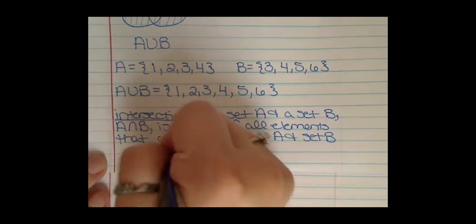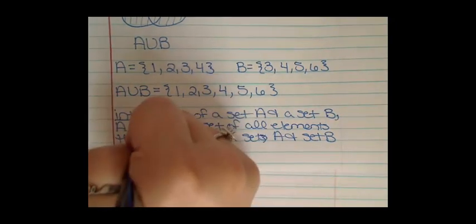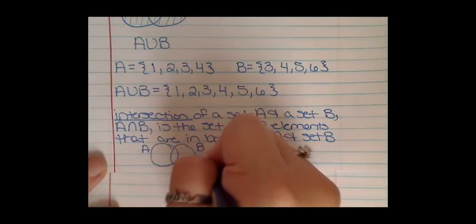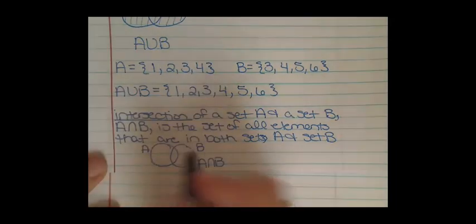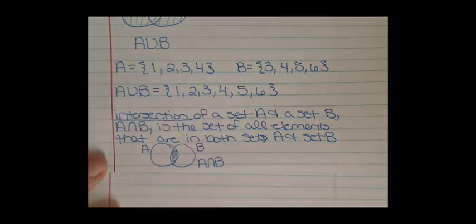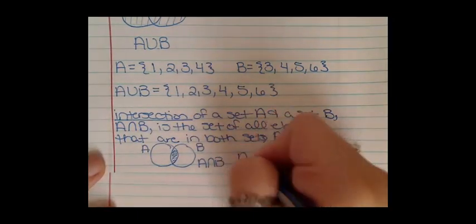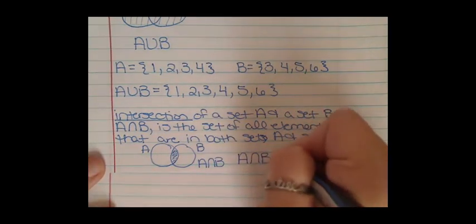So it's just this middle portion. So a lot of times you'll see that as A intersection B, and that equals x, such that x is an element of A and x is an element of B. It has to be an element of both of the original sets.